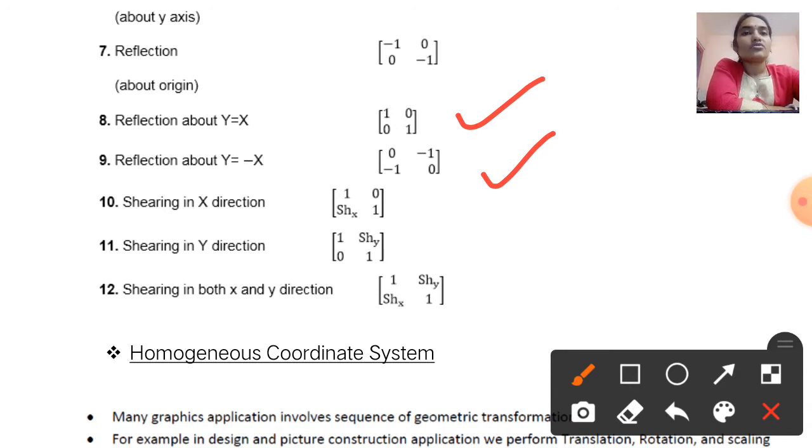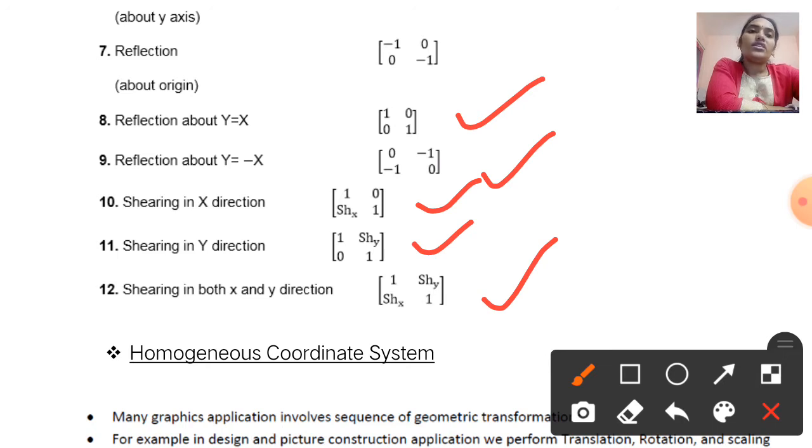Next, the last one is shear. Shear in x direction matrix representation is 1 shx 0 1, and in y direction is 1 0 shy 1. Shearing in both x and y directions means 1 shx shy 1.